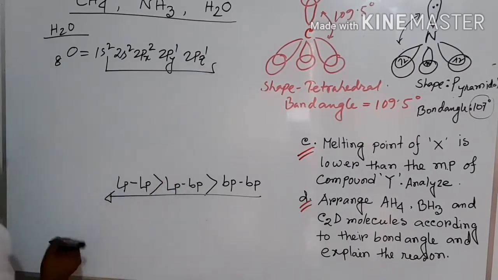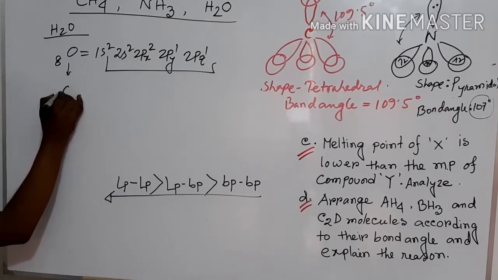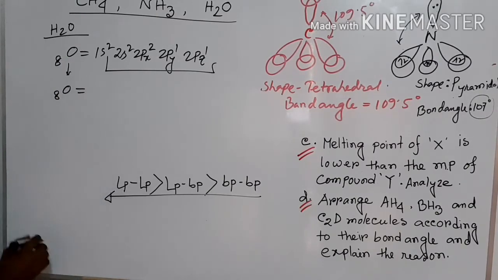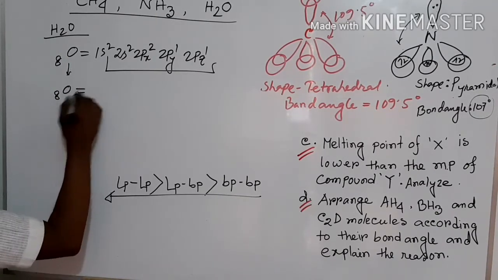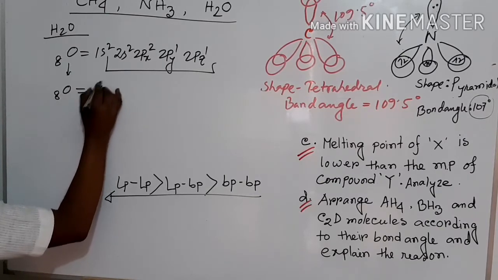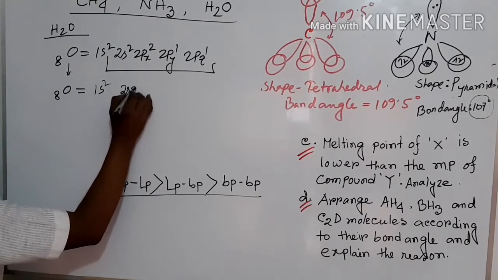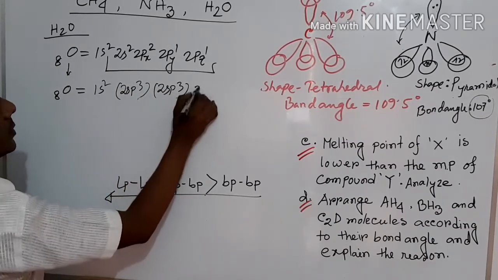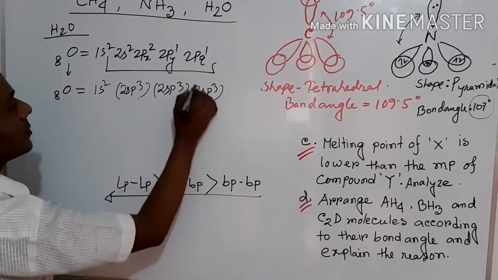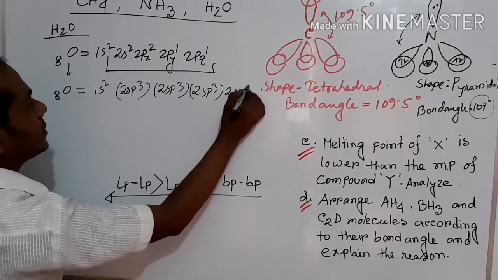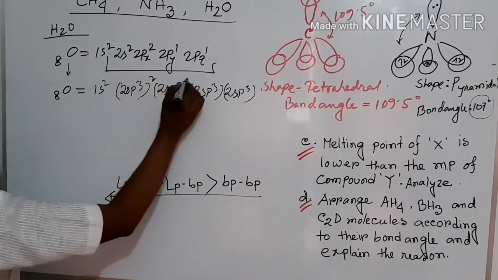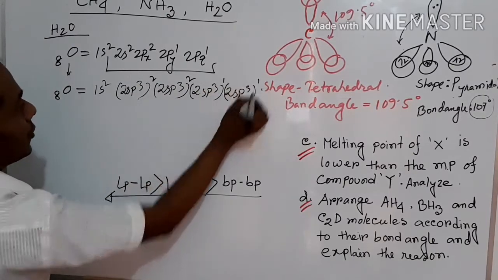One s and three p orbitals mix up and produce four identical sp3 hybrid orbitals: 1s2, 2sp3, 2sp3, 2sp3, 2sp3. Here 2sp3 hybrid orbitals contain lone pair electrons.